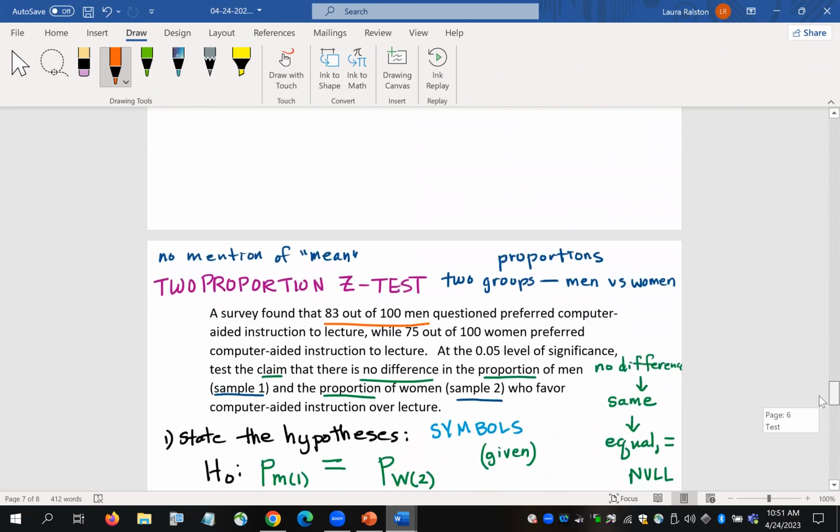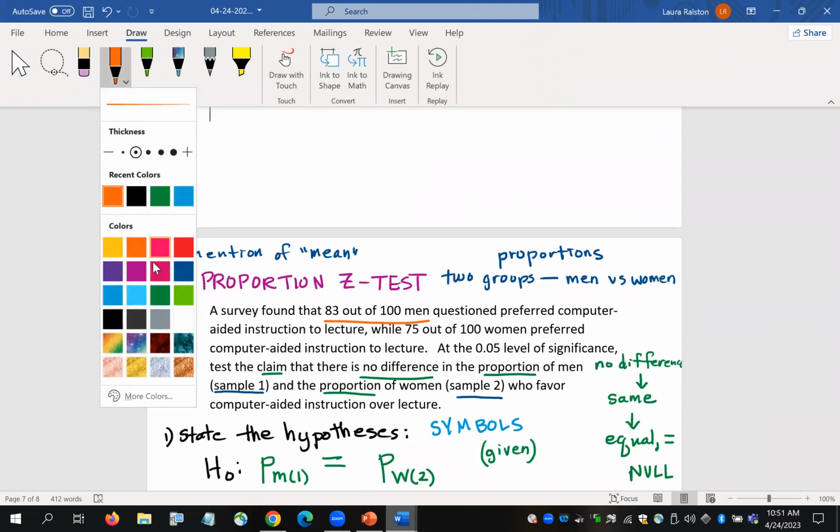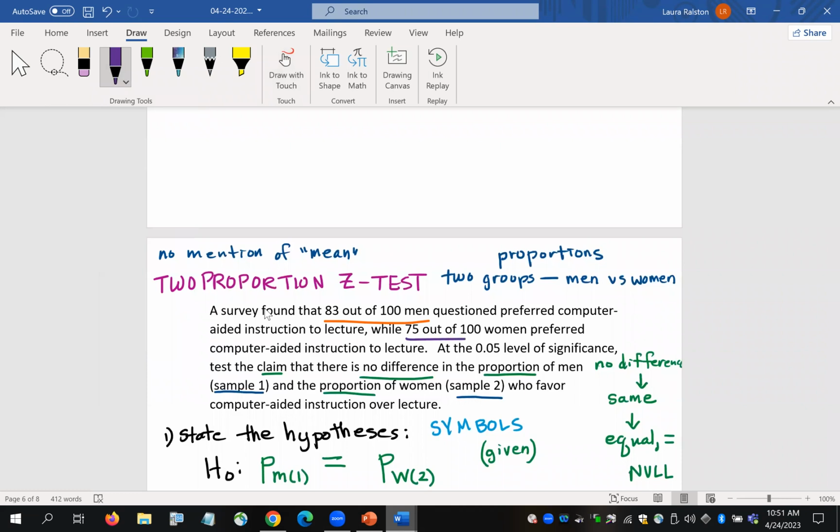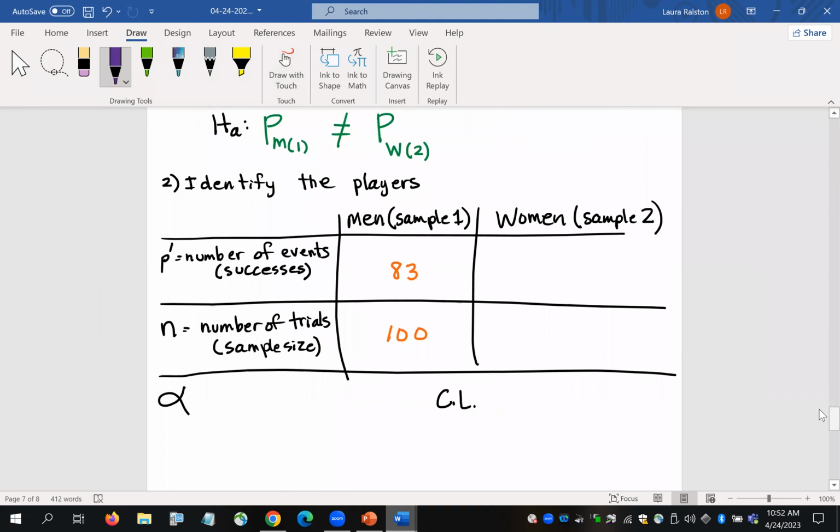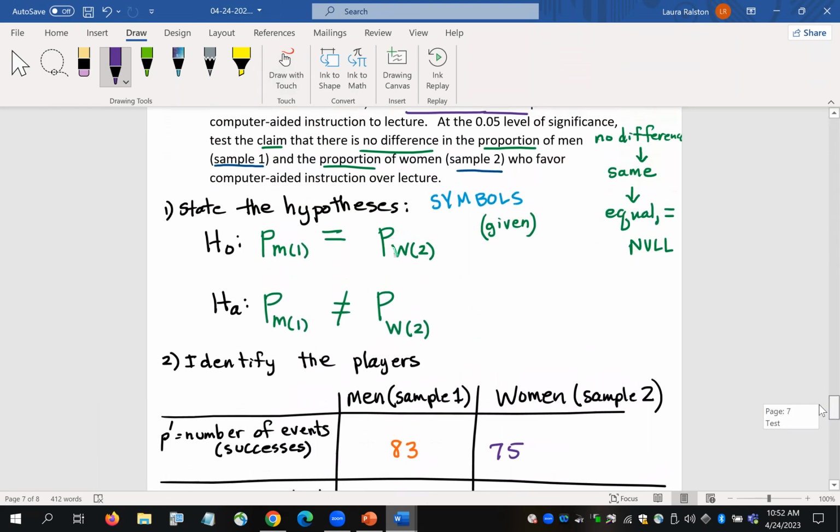If I keep reading, it says 75 out of 100 women preferred computer-aided instruction. So for women, I have 75 out of 100. Notice both samples are the same size in this problem, but they don't have to be.